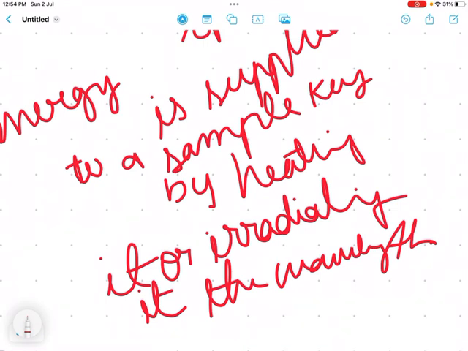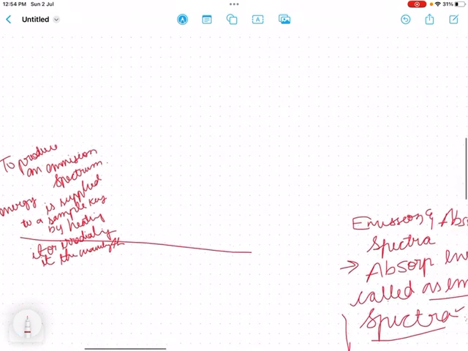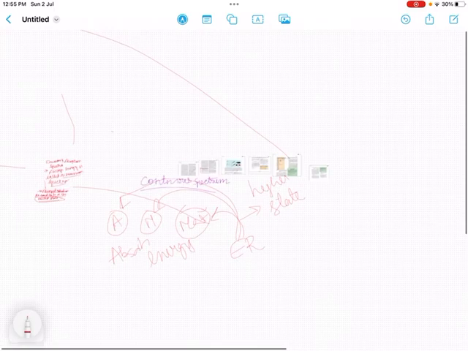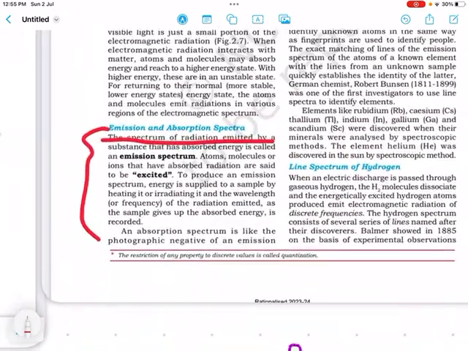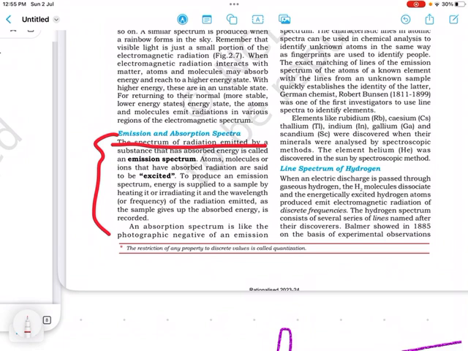This is also already given in the NCERT, so you can read this once more. The spectrum of radiation emitted by a substance that has absorbed energy is called an emission spectrum. Atoms, molecules and ions that have absorbed energy are called excited.